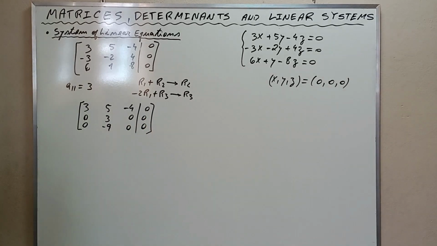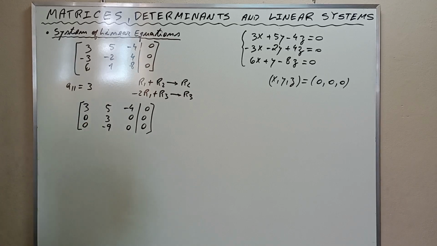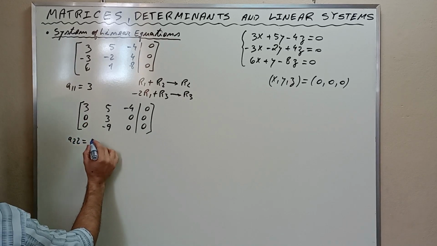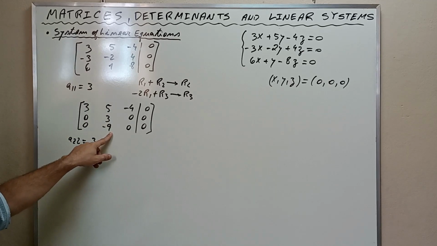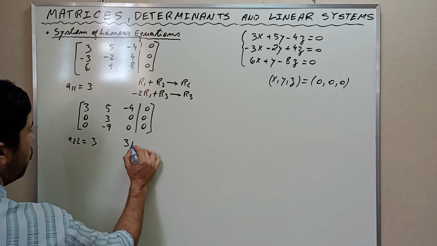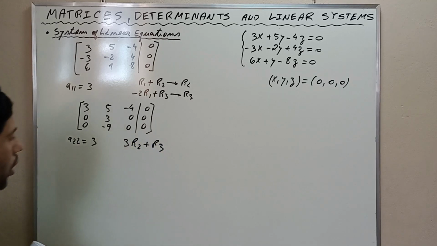And now we are going to use this entry here, A22, equal to 3 as a pivot, and eliminate this -9 here. We are going to sum. I'm going to tell you it is going to be 3 times row 2 plus row 3.